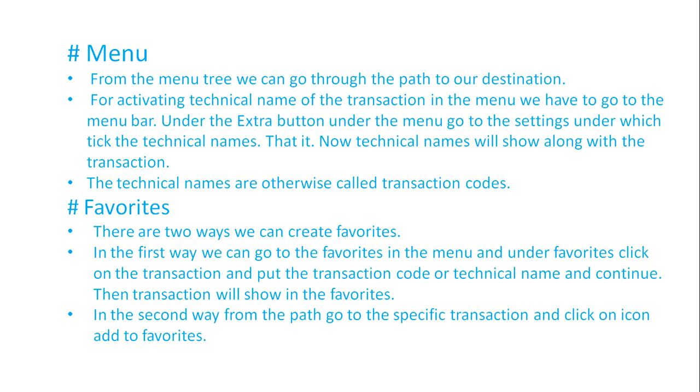But if I put it in the favorite folder in the front end and click, the screen opens automatically. In this way you can go directly to the screen and make the information entry.